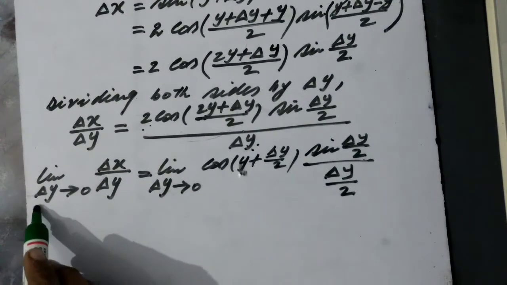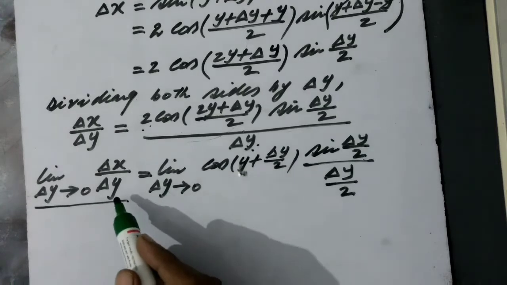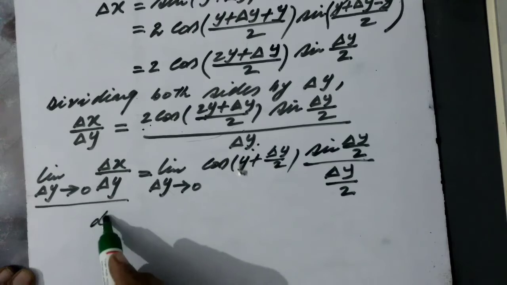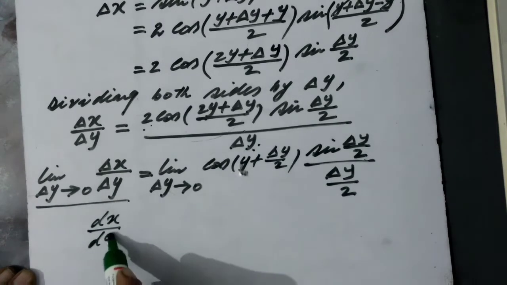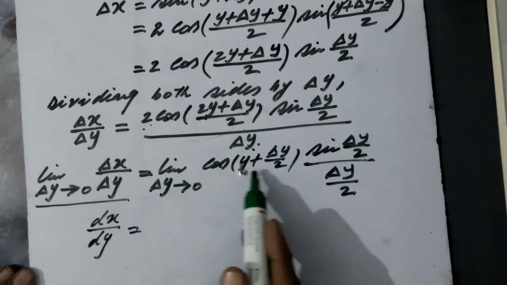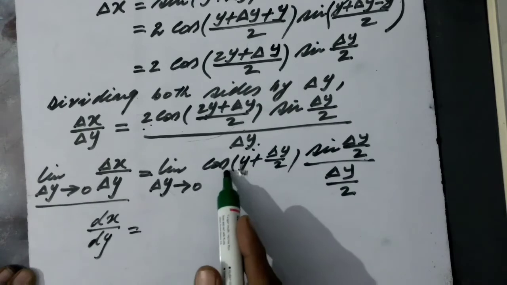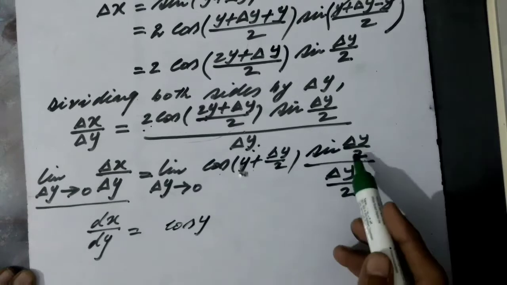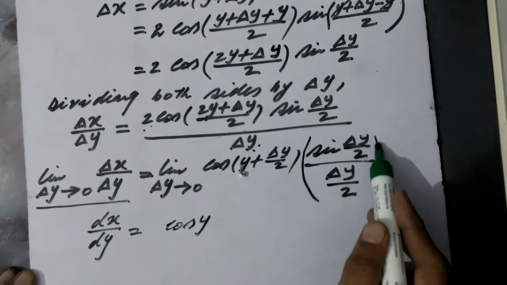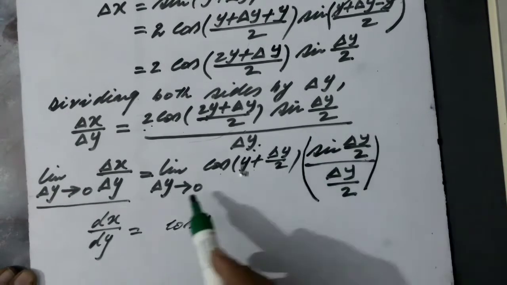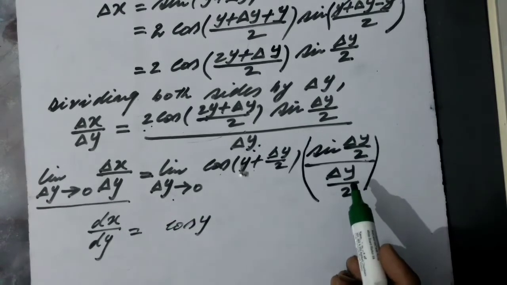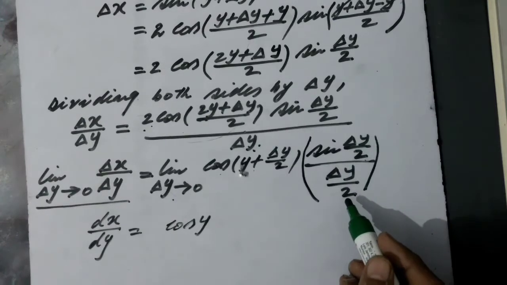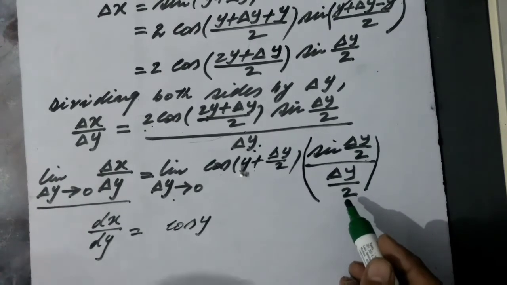So by the definition of differential coefficient, delta x upon delta y, when delta y tends to 0, can be written as dx over dy is equal to, and here on the right hand side if we apply the limit, the first term is cos of y plus 0, that is cos y, and in the next factor, this expression with this limit makes the standard form of limit x tends to 0 sin x upon x.